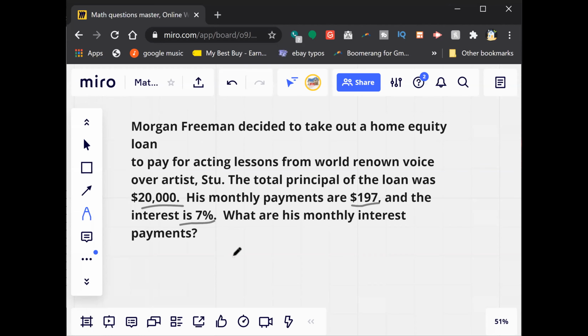This Stu must have a voice of an angel if Morgan Freeman is taking money out to learn from him. 197 times 12, okay? So some of you guys are getting some different answers. Let's see what we're going to do. Let me ask you this question, and I have to ask this. Do we know what those monthly payments are? Do we know anything about those monthly payments?